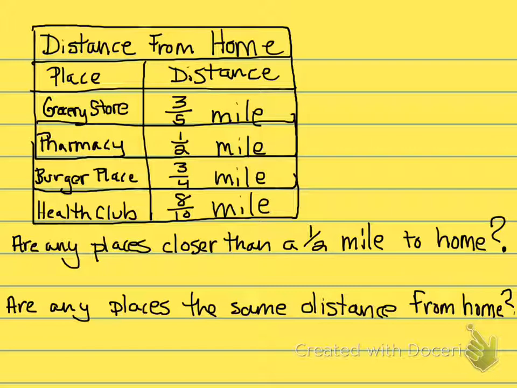So what you're looking at is trying to determine whether or not these fractions are less than 1/2 mile. Finding a common denominator with all of these fractions would be one efficient method of determining your answer.